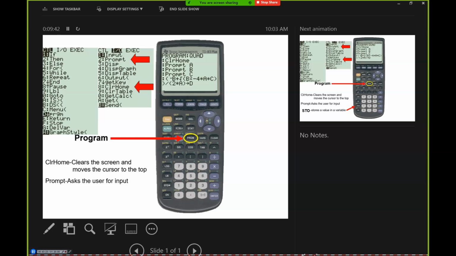If you press the x squared button, it puts the squared symbol on there for you. Make sure you get both sets of parentheses after the C. There are 2 sets of parentheses after that C. Make sure you get both of them.